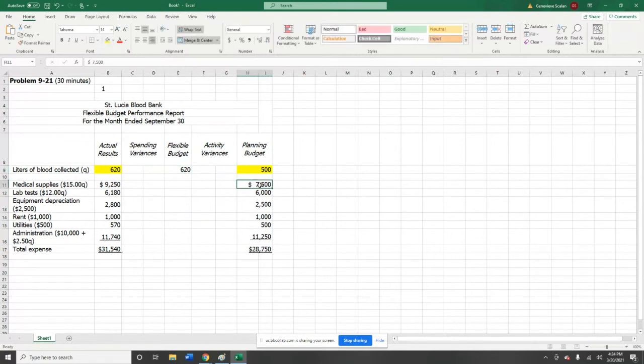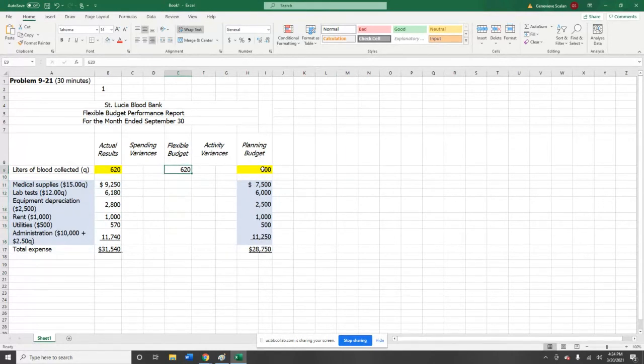So all of this was prepared using these formulas, right? So the same formulas we used to prepare our planning budget, we're going to use these formulas to prepare this flexible budget, okay? So we're going to use the 620 for the Q.